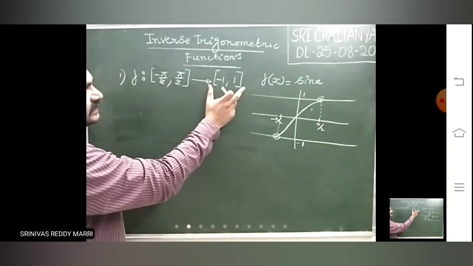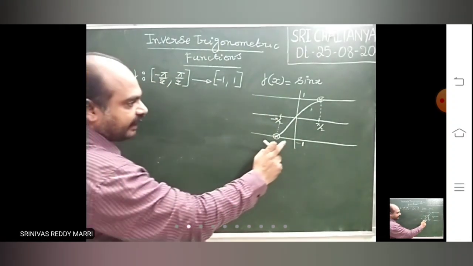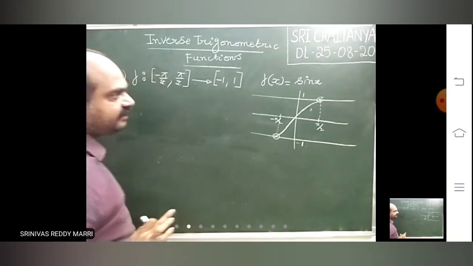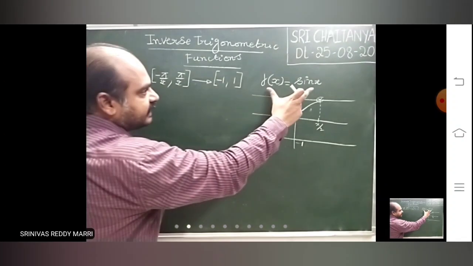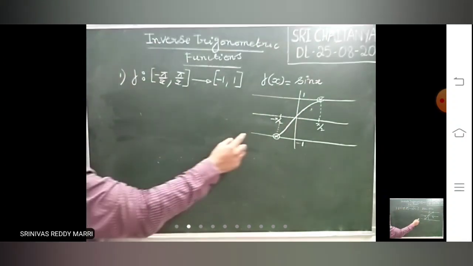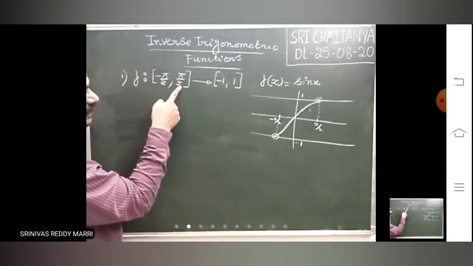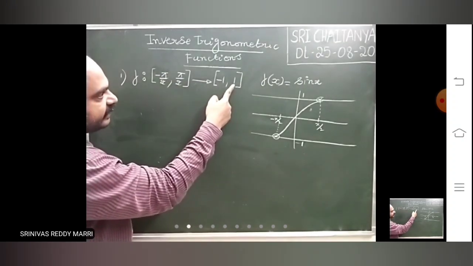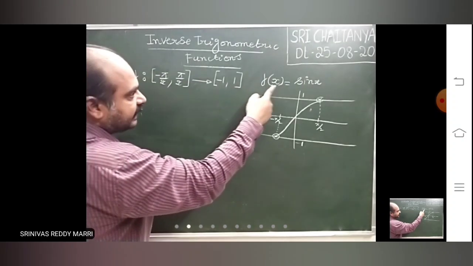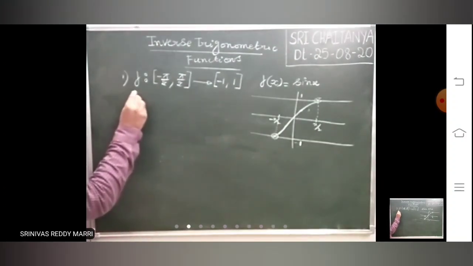The range is minus 1 to 1. In this interval, if x lies here, y lies between minus 1 and 1. So the range is the codomain: if x lies between minus pi by 2 and pi by 2, f of x lies in the interval minus 1 to 1. This is a bijection.